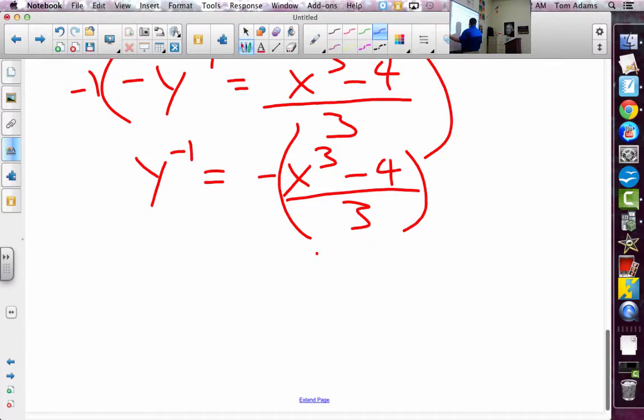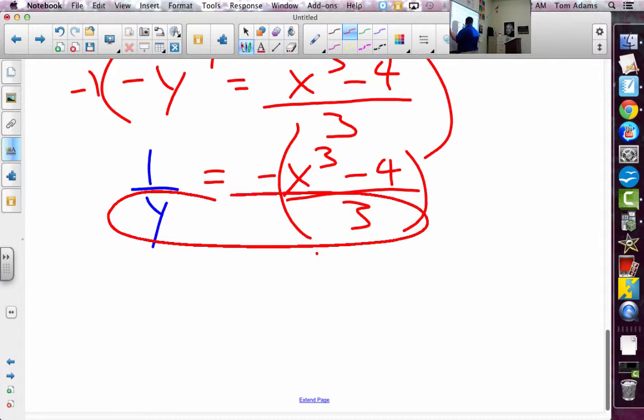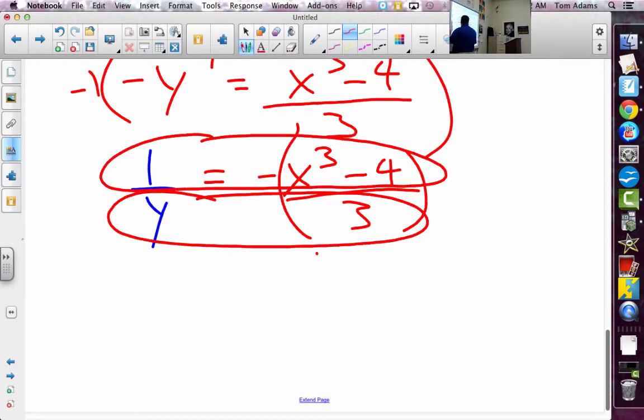Now, what this y to the negative 1 is really 1 over y. Now when you have a fraction set equal to a fraction, you can reciprocate by just simply flipping the top to the bottom and the bottom to the top.